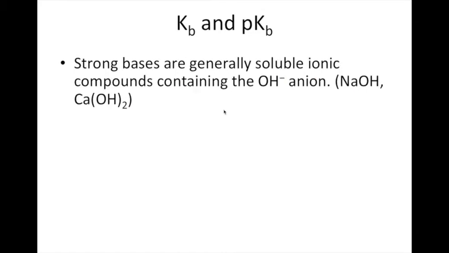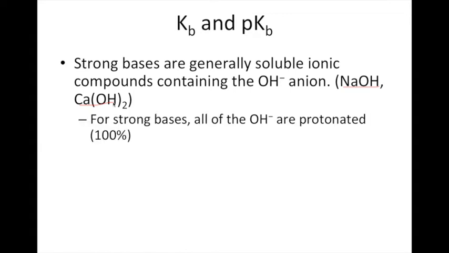Now, Kb is generally reserved to describe weak bases. Strong bases are generally ionic compounds that contain the hydroxide ion, for example sodium hydroxide and calcium hydroxide. These are soluble ionic compounds, and they produce the hydroxide ion.